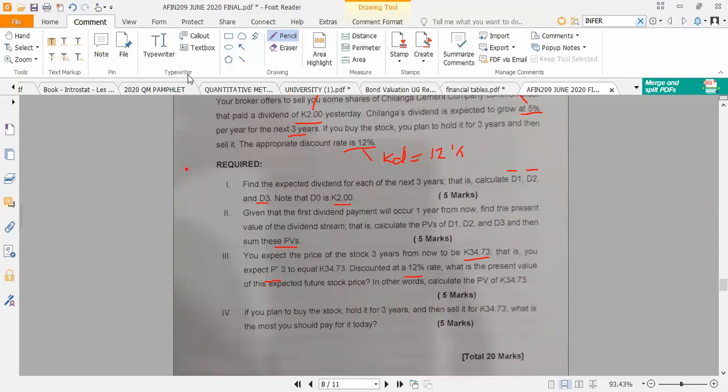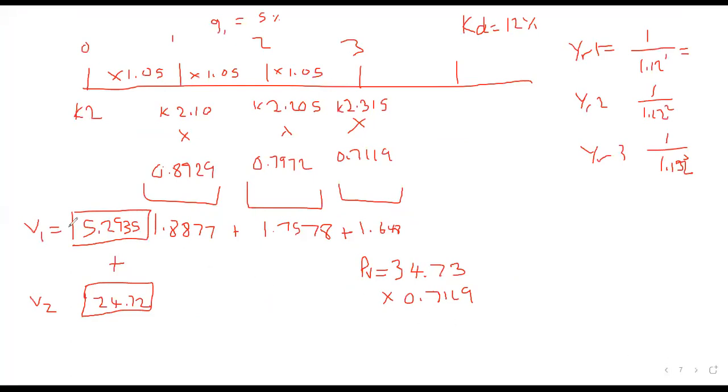So in short, you're just asked to calculate the addition of these two. 5.29 plus 24.72. So you get what? 30.01. This is the maximum you can pay for it. Now. Okay.